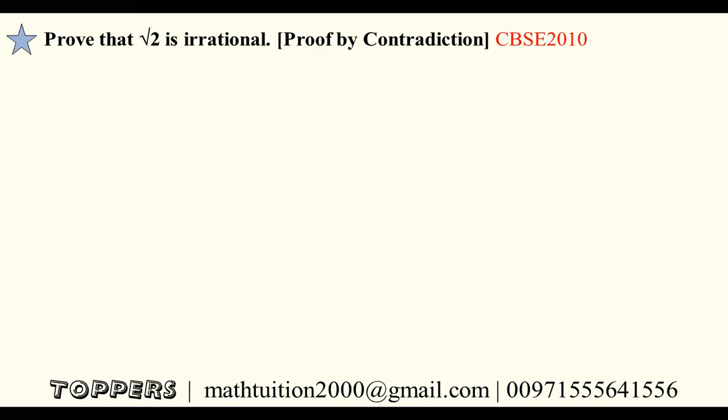That statement will contradict our initial assumption. Then we will argue that this is due to our wrong assumption, so root 2 is irrational. This method is known as proof by contradiction or contradiction method.